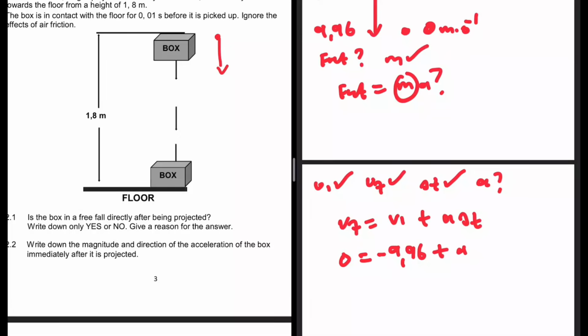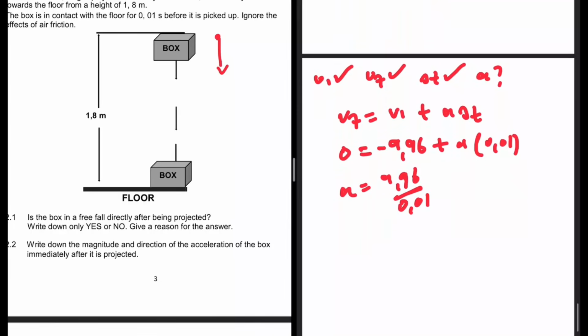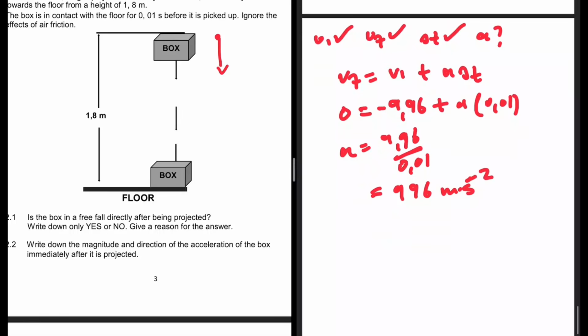But in this question, we're actually looking for the acceleration. The time with which it is in contact with the ground, that is 0.01 seconds. So the acceleration is going to be 9.96 divided by 0.01. Right, this is equals to 996 meters per second squared. Right, we have the acceleration.